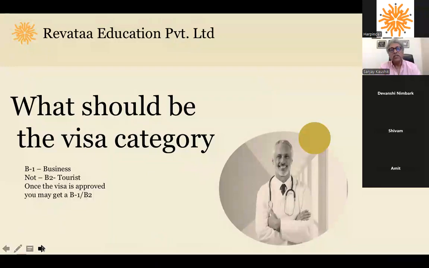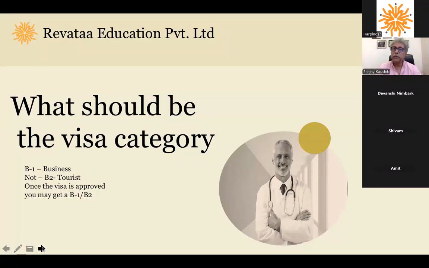You know, once the visa is approved, usually a person would get a B1, B2, multiple 10 years, unless the officer decides to give you a limited visa, which is rare, but it happens. So you do not have to apply for a B2 because B2 essentially means tourist.